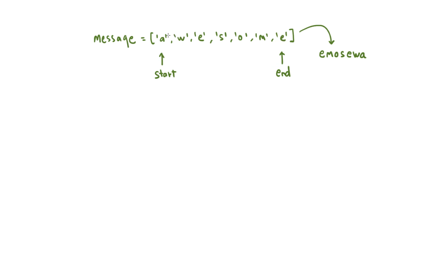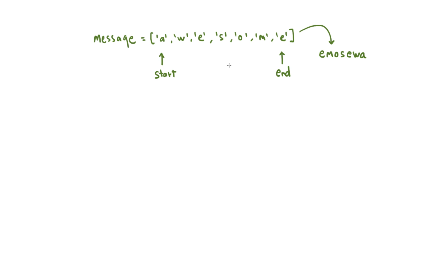And the logic is we will keep swapping the characters pointed by these pointers and then move these pointers to the right and left, and keep repeating the same process till these pointers don't overlap or till they don't cross each other.